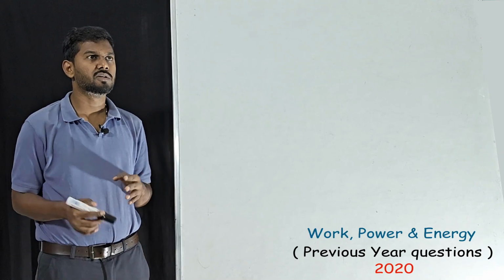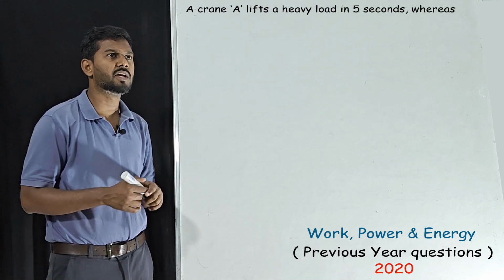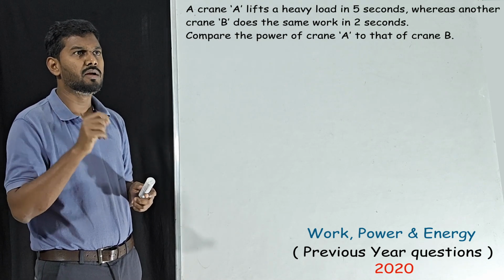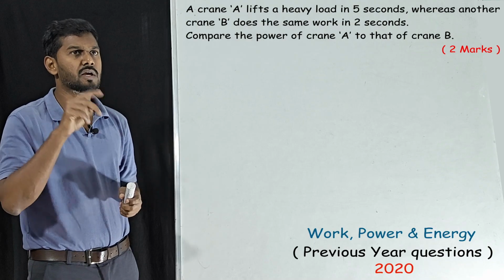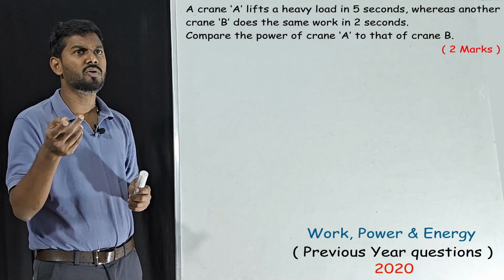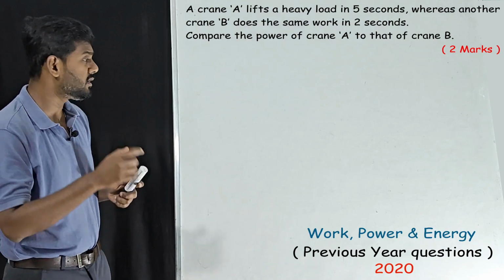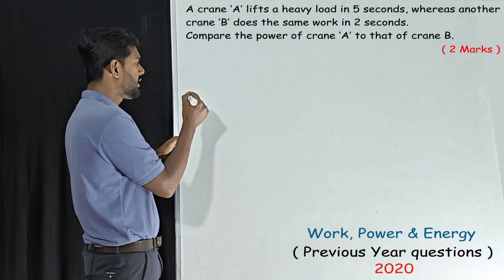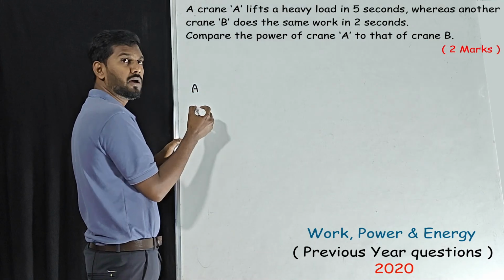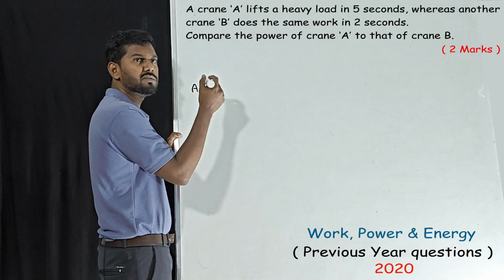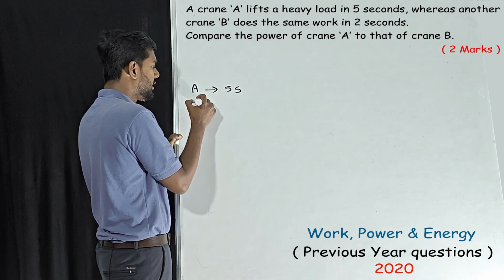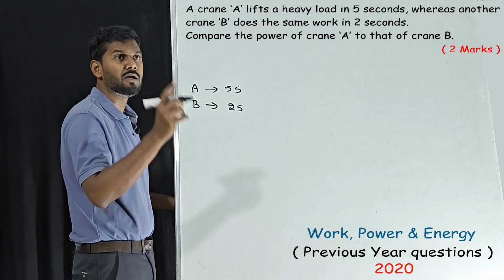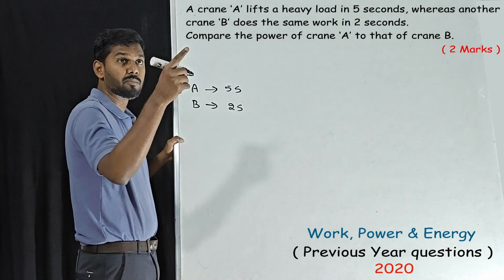That's it. Our next question: a crane A lifts a heavy load in 5 seconds, whereas another crane B does the same work in 2 seconds. Compare the power of crane A to that of crane B. Here, the important things, first I'll write it down. See here, crane A takes how many seconds? 5 seconds, and crane B does the same job in 2 seconds, and we need to compare their powers.